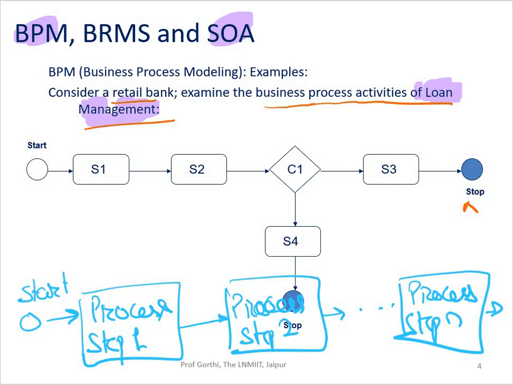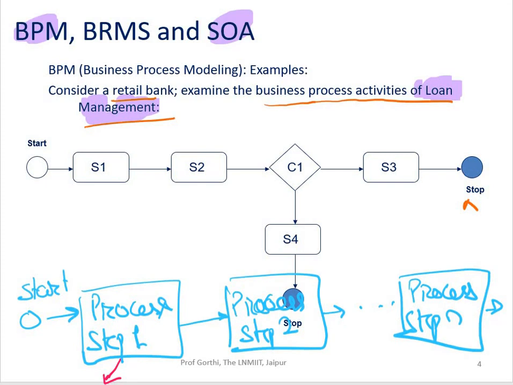In between, for these processes, I can have some services. Let's say service A, and here I may have service A and service B as well. So all these processes will be going for, let's say, service XYZ.